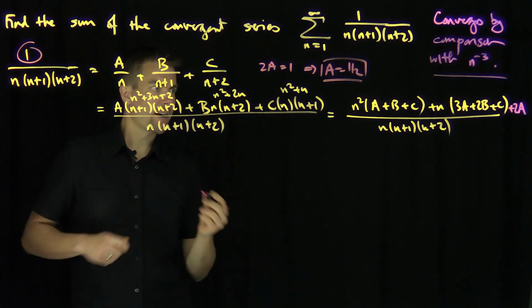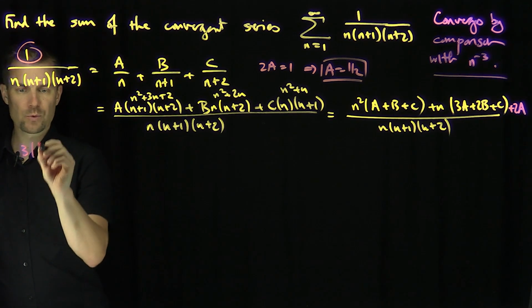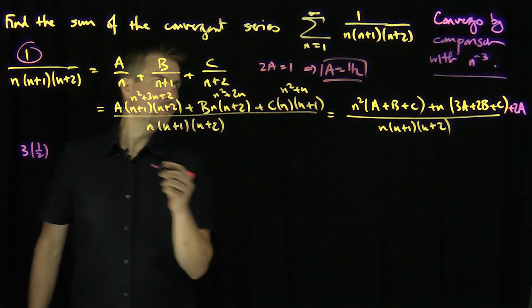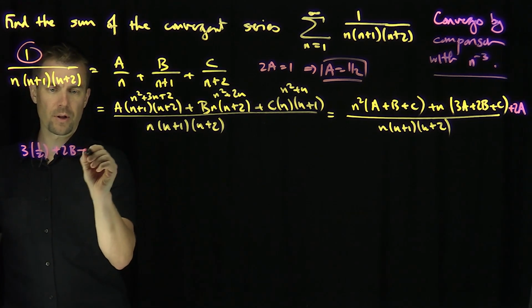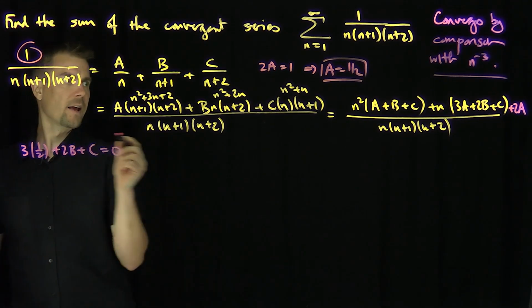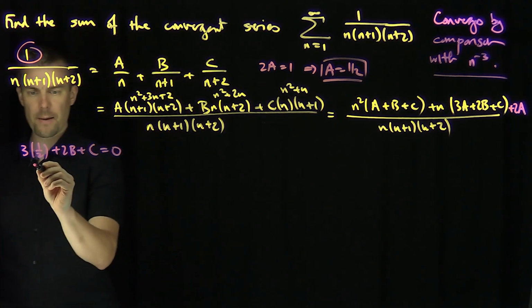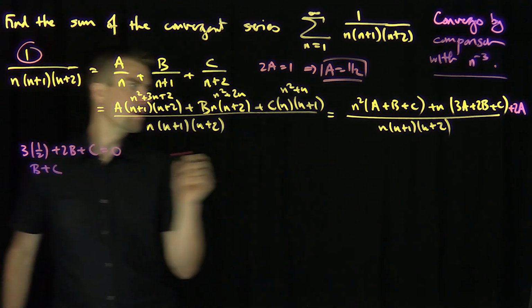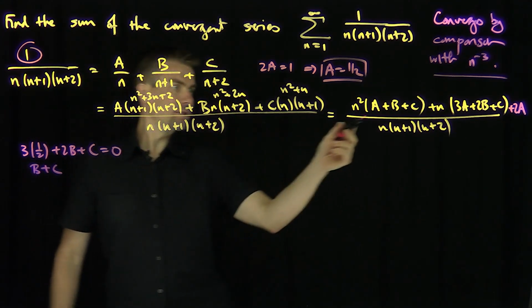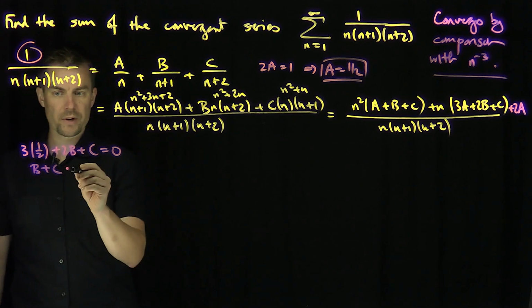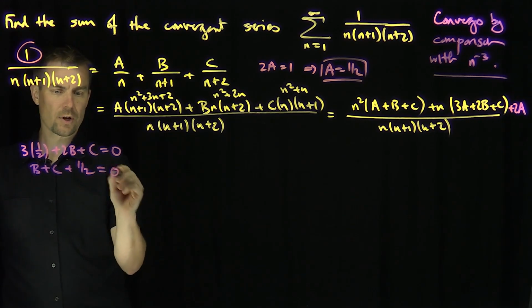Now I have a is equal to 1/2. I know that 3 times 1/2, that's 3a, plus 2b plus c has to be equal to 0. And I also know that b plus c plus a, which is 1/2, has to be equal to 0.